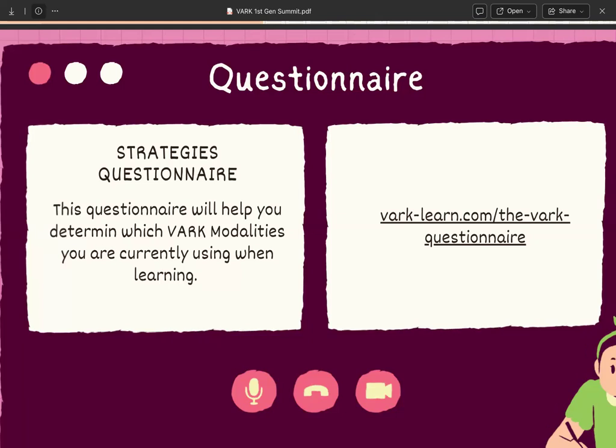However, I caution you, the more responses you choose, the more modalities you'll get in your results. So if possible, keep your responses to a single response per question. But if you feel that there's more than one response per question that really identifies you, go ahead and pick those responses. So go ahead and pause the presentation and take 5 to 10 minutes and complete that questionnaire. Have fun.